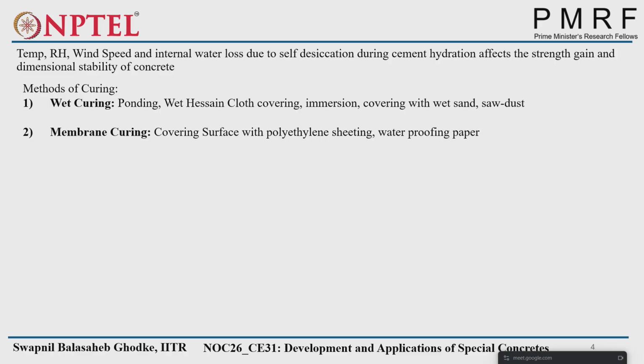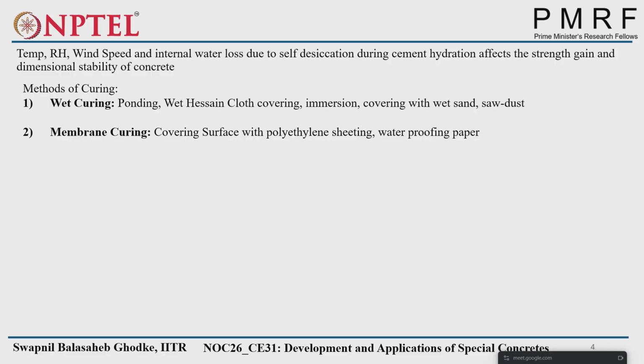Membrane curing, this is also on flat surfaces, where we cover the surface with polythene sheeting or waterproofing paper. Anyone, where can we use membrane curing instead of wet curing, or why are people using it? Because if there is a scarcity of water and less labor, which will not be available to pond that much water, you have to create a pond.